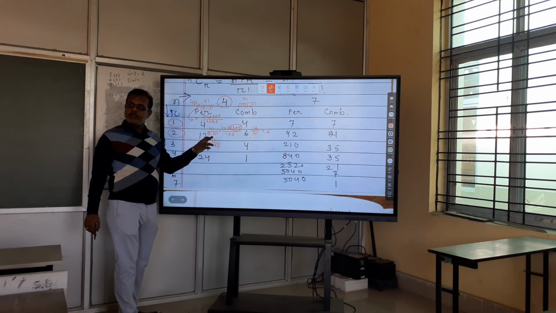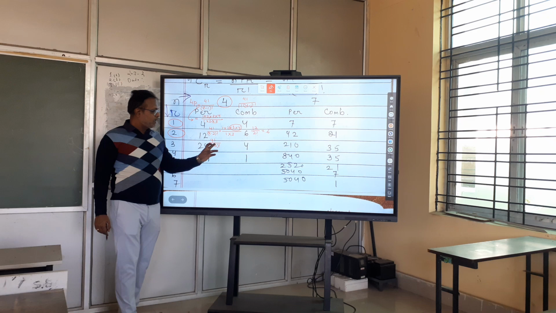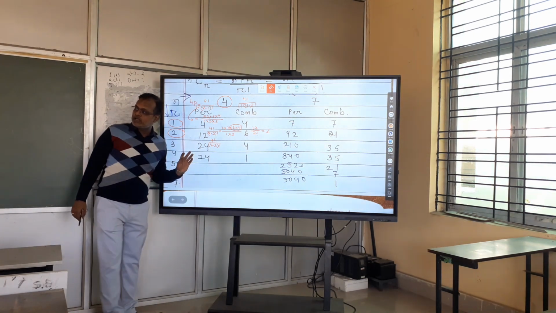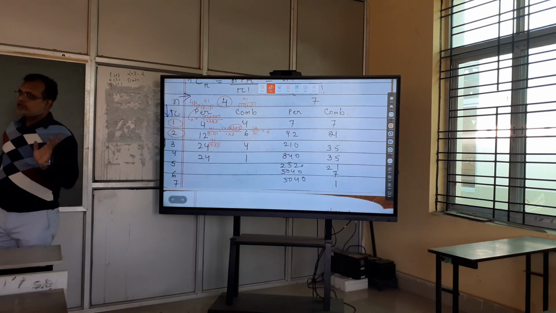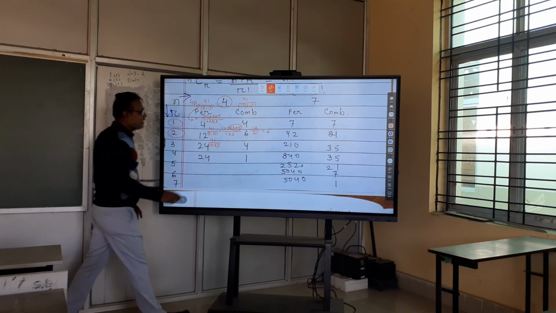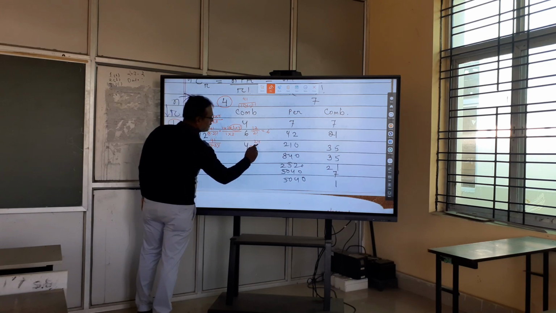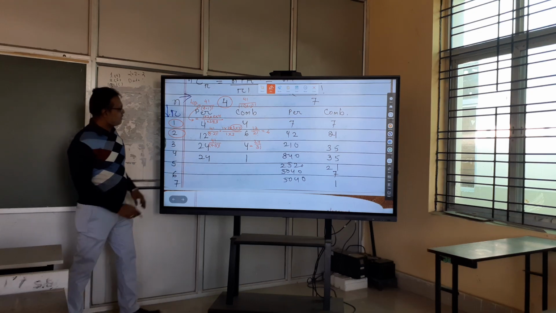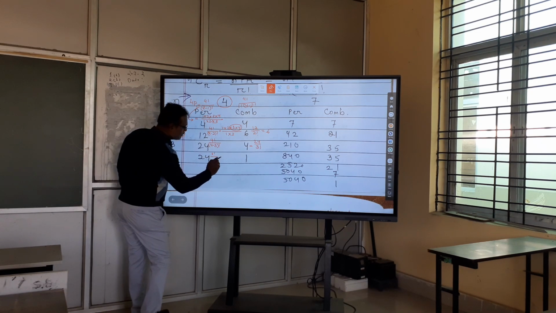So 1 into 2 into 3 into 4, which is 24. But here again you have to divide by 3 factorial, which is 1 into 2 into 3, 6. So it is 24 by 6. Similarly, here also it is 4 factorial divided by 4 minus 4 factorial.